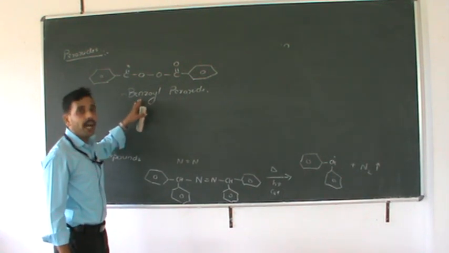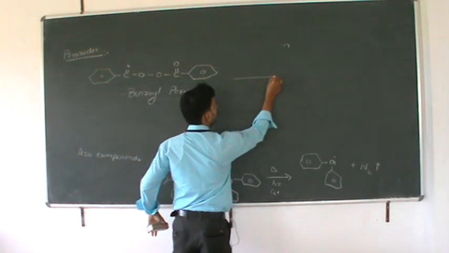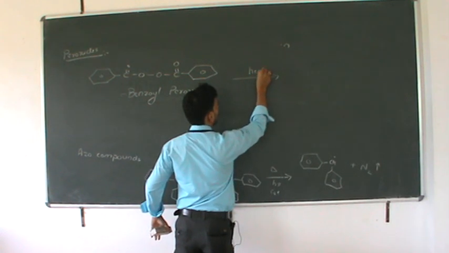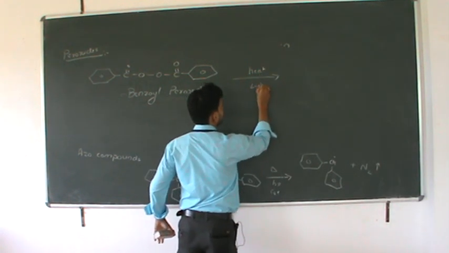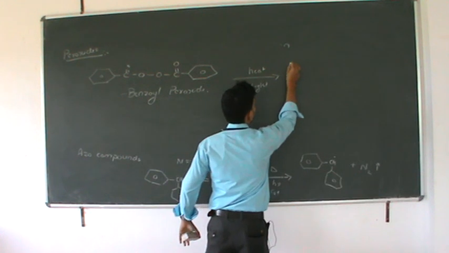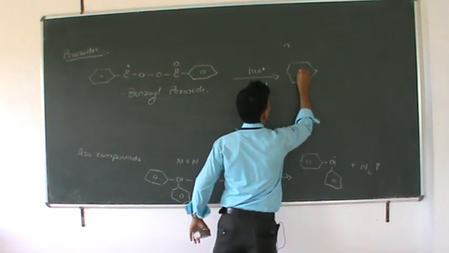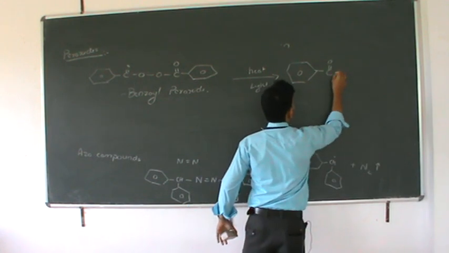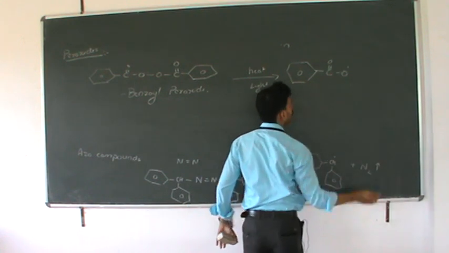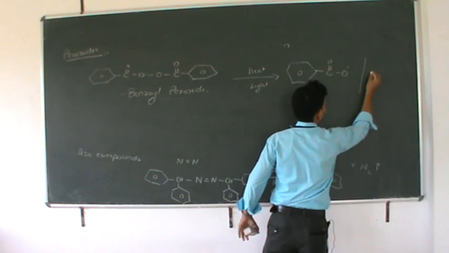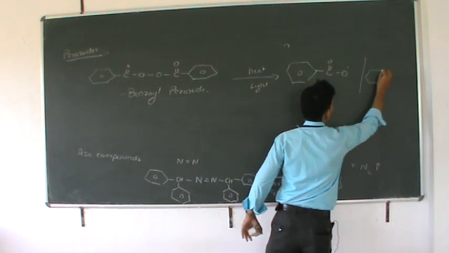These are thermally unstable materials. Due to heat energy or light energy, it decomposes into C double bond O radical or benzene free radical.